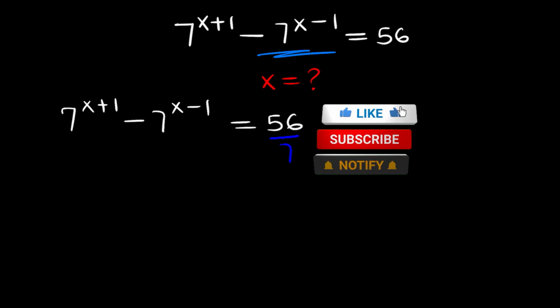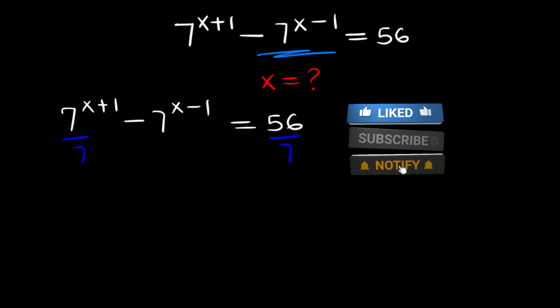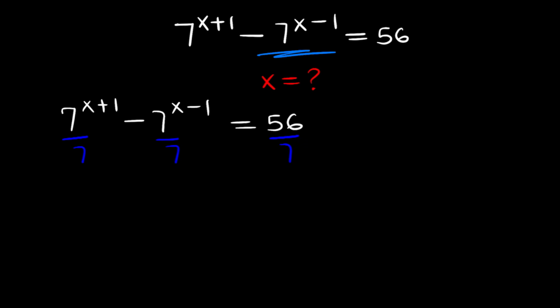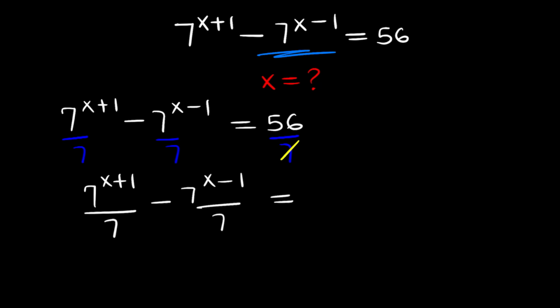So I am going to divide through by 7 like so, so that on the left hand side I have 7 raised to power x plus 1 divided by 7 minus 7 raised to power x minus 1 divided by 7 is equal to, on the right hand side, 56 divided by 7, which is 8.